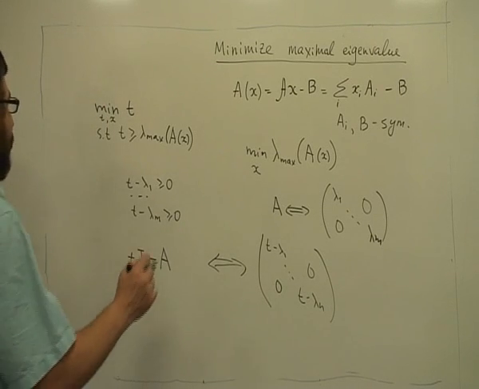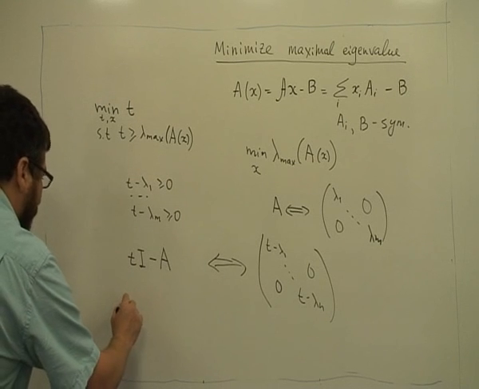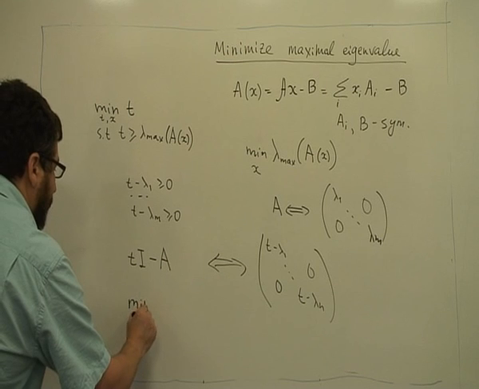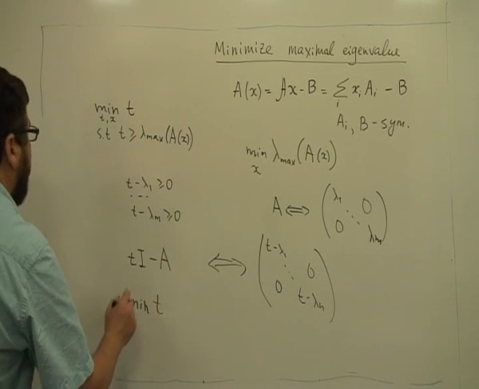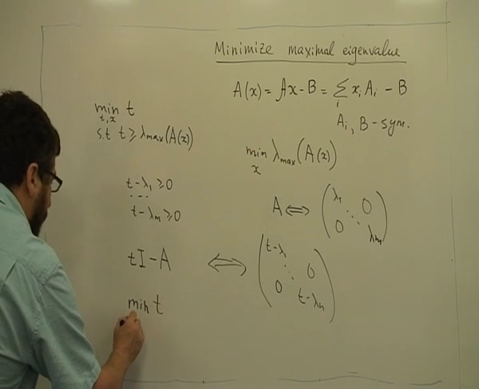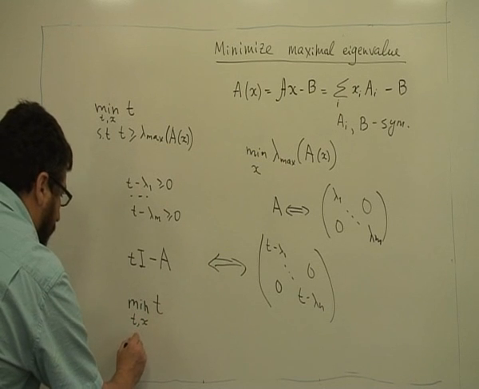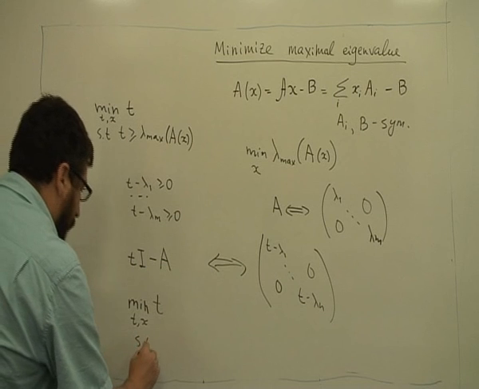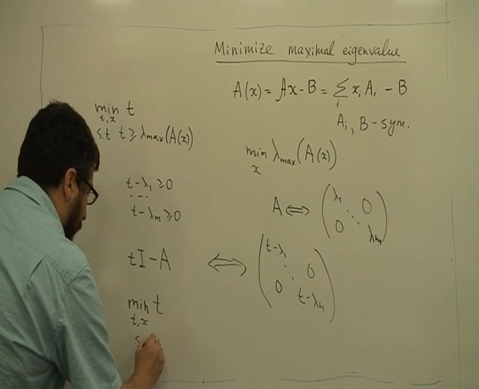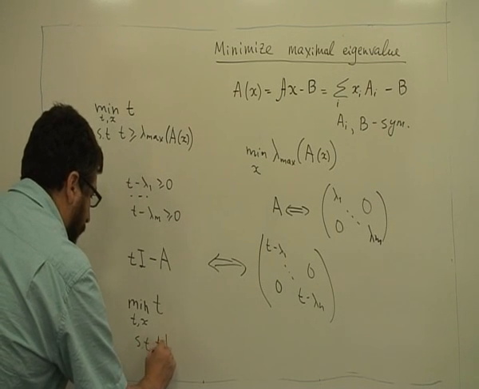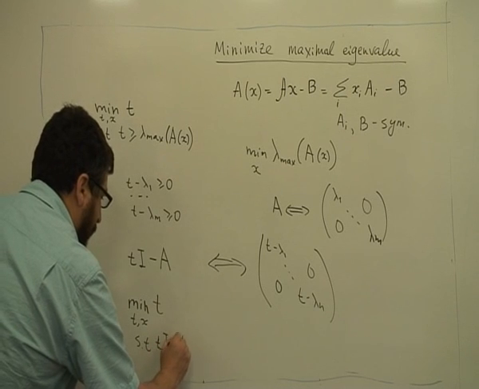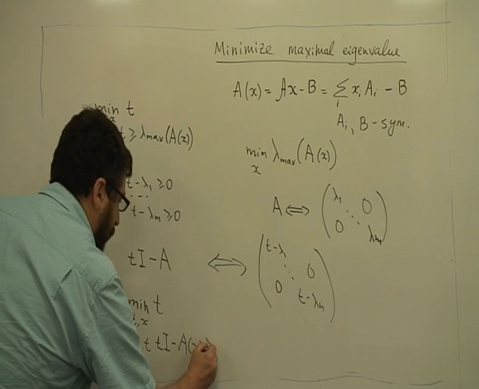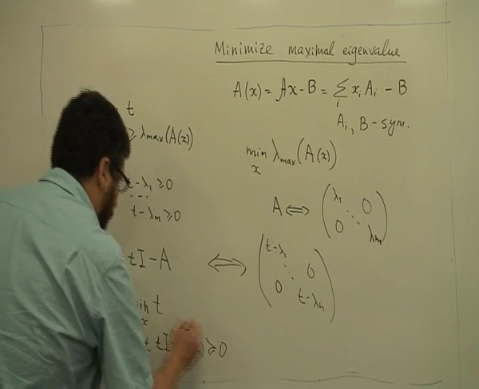In this way I go to my final formulation: minimize t, of course over t and x, subject to t times identity minus A(x) positive semi-definite.